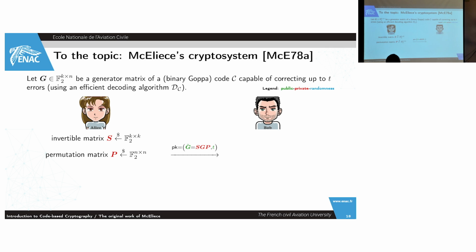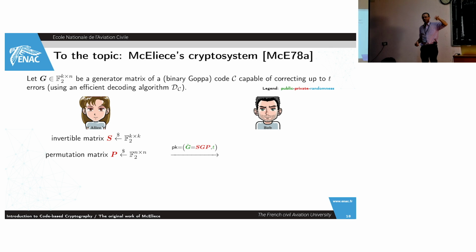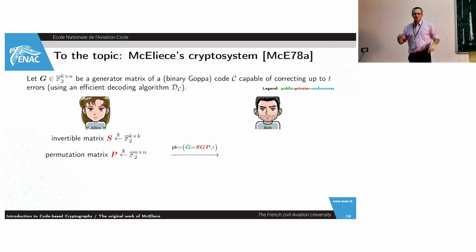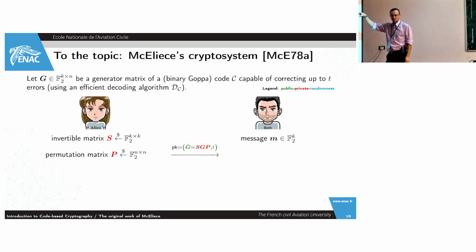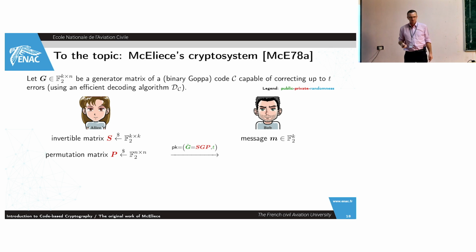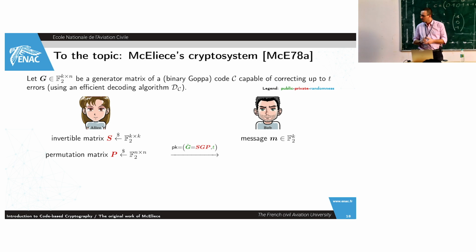If you want to make a connection with lattices, G is the good basis of your lattice, and G tilde is the bad basis of your lattice. You can just encode with G tilde, and you can do much more with the original G. So Alice publishes G tilde and T, the capacity of the code.